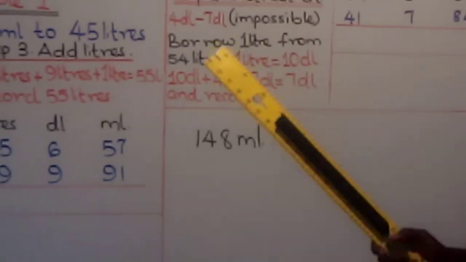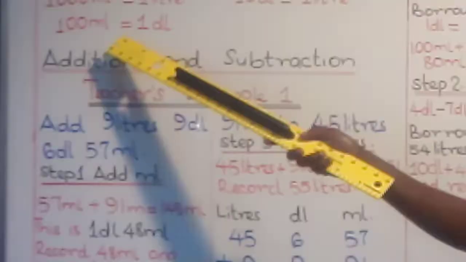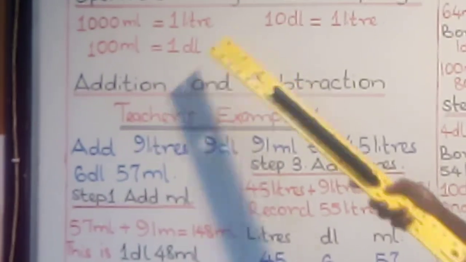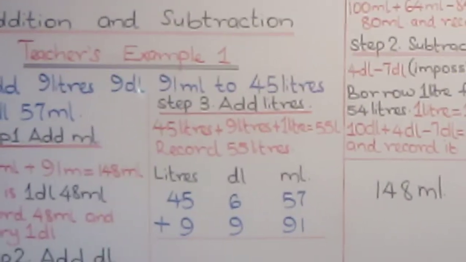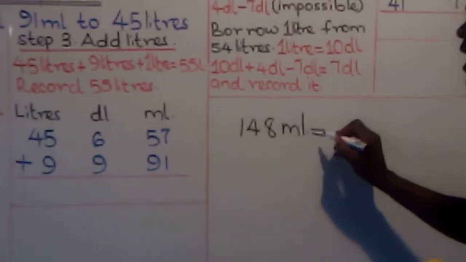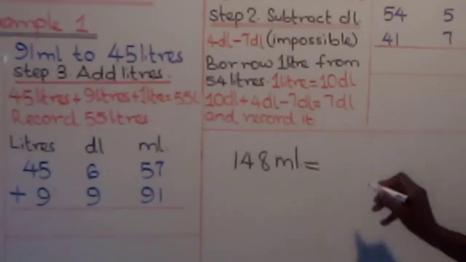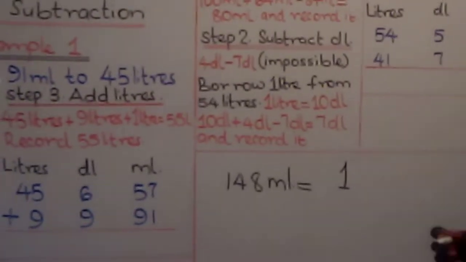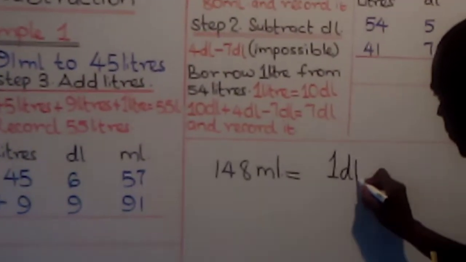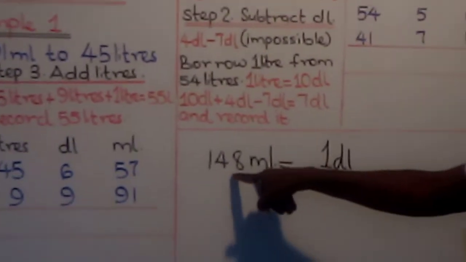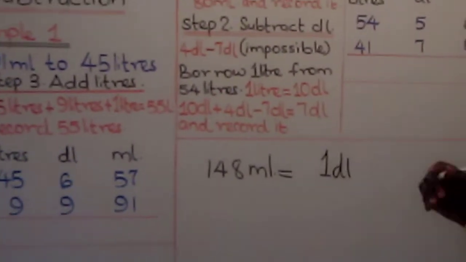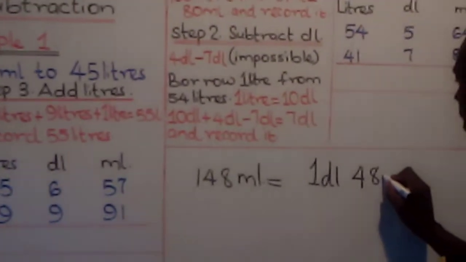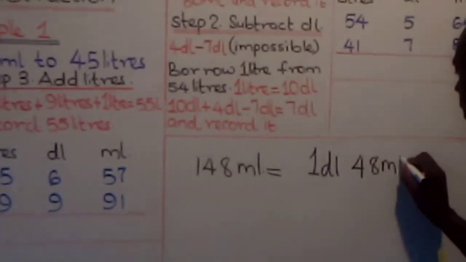Remember, 100 milliliters are equal to 1 deciliter. And so if we convert this into deciliters and milliliters, we will have 100 milliliters making 1 deciliter. 100 out of this 148 milliliters make 1 deciliter, and the remaining 48 are still milliliters.